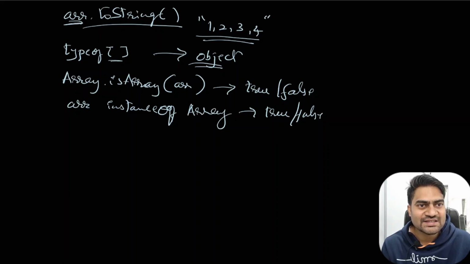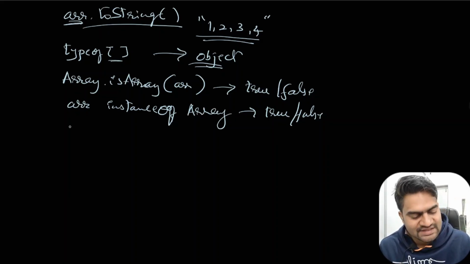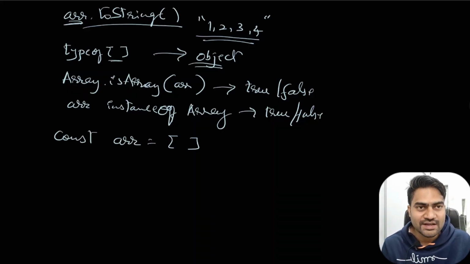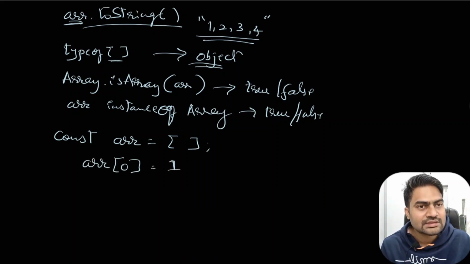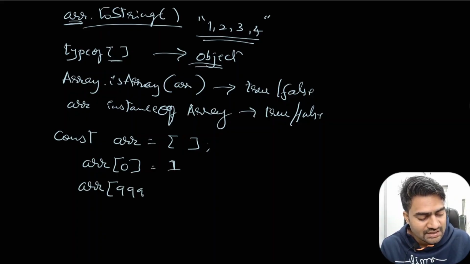We call it sparse because now I will say const array equal to empty array. Now I will say array of 0 equal to maybe 1. Then immediately after that, array of 999 equal to maybe 2.